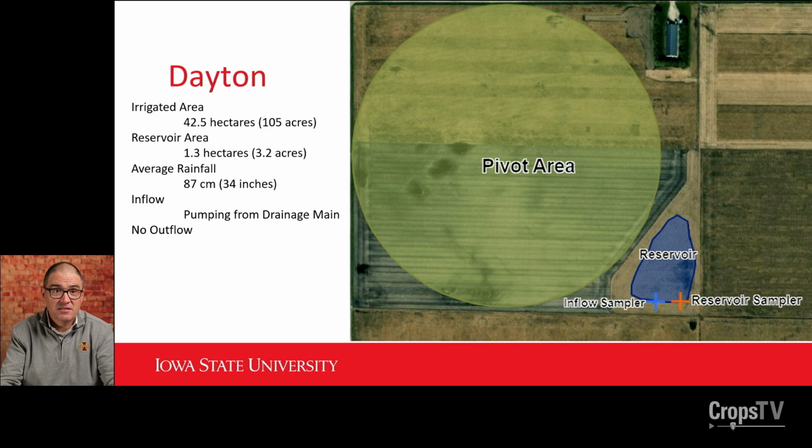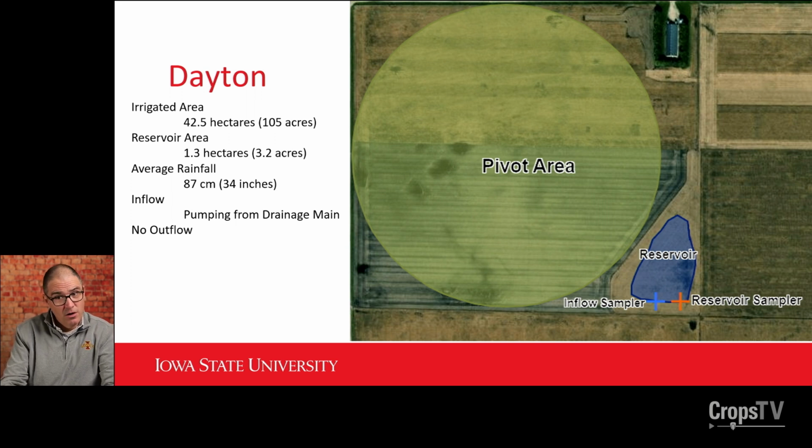Okay, and our last system near Dayton, in this case, they're pumping from a drainage main into the reservoir and then pumping from the reservoir to the center pivot area. And so we sample what comes into that reservoir from that pumping, and then what's the quality of the water that's in that reservoir. So this one, irrigated area of about 105 acres.